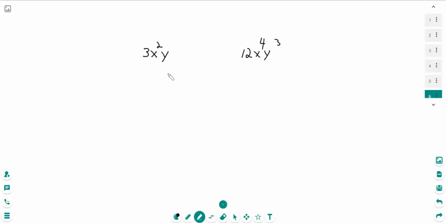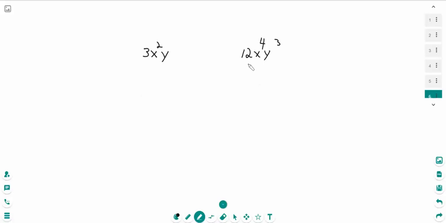Now here, just think of these as kind of numbers, just like we were looking at the other two numbers. And if I were to ask you what's the greatest common factor between these two terms, you might be scratching your head and going, I don't know, I'm lost, how is that going to work?